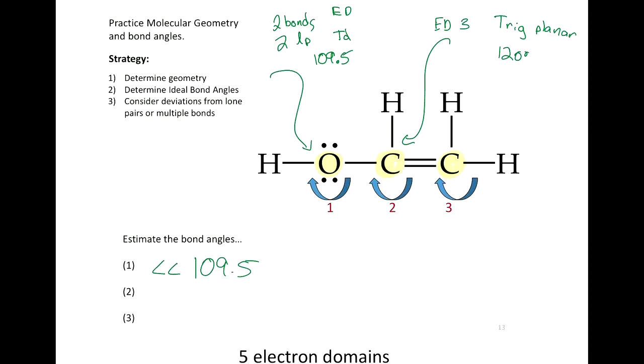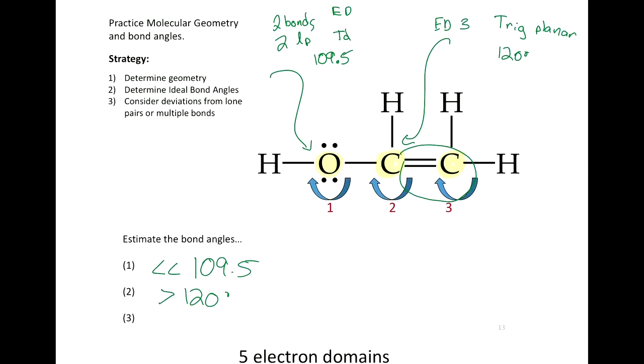Is there anything present that'll mess up that ideal bond angle? Yes, that double bond. So that double bond just takes up more room. So where bond angle 2 is, does that double bond expand that bond angle or contract it? Expand it. So what is the estimated bond angle? Slightly more than 120 degrees.